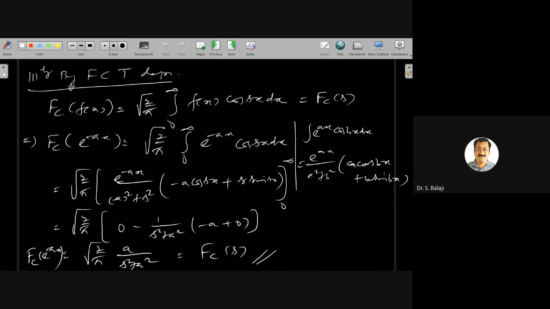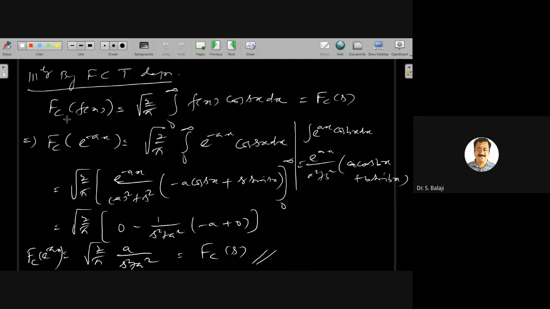Similarly, you can use the Fourier cosine transform definition for f of x equal to e power minus ax. By the Fourier cosine transform definition, Fc of f of x is equal to root of 2/pi integral 0 to infinity f of x cos sx dx, that is equal to Fc of s.